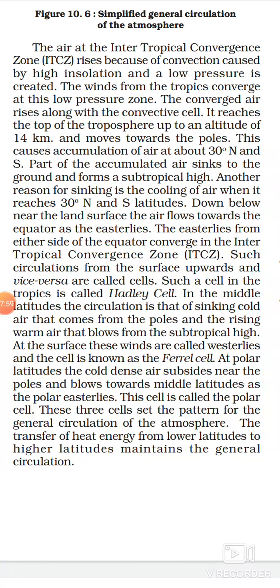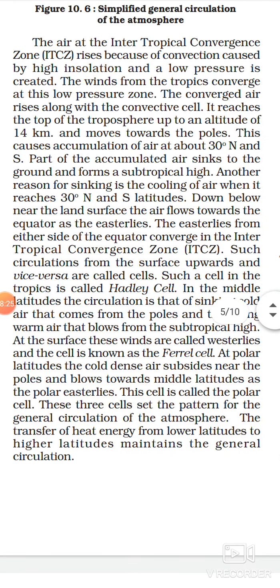The circulation of the easterlies from either side of the equator converge in the ITCZ. These are called cells, and such a cell in the tropics is called the Hartley cell. The wind blowing in the tropical region constitutes the Hartley cell.